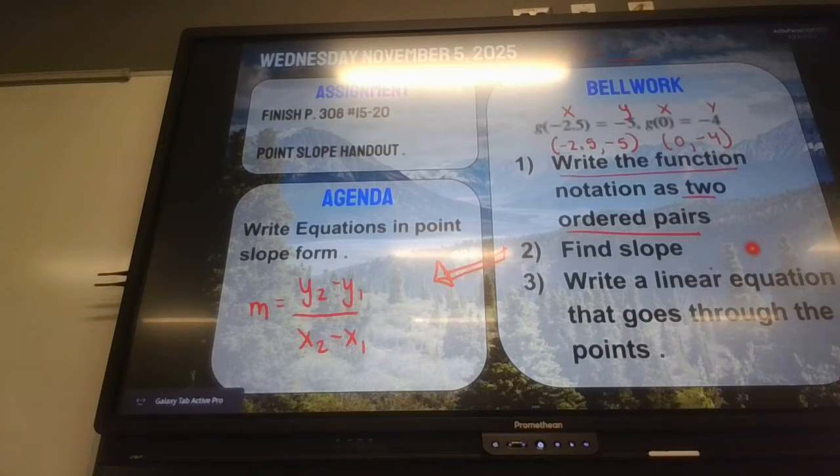I'm going to wait about a minute so you can try plugging in. Plug in the y2, the y1, the x2, the x1. See if you can subtract it correctly. Who else was absent yesterday? You were absent yesterday.